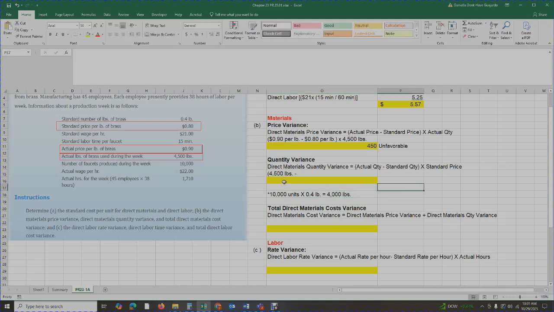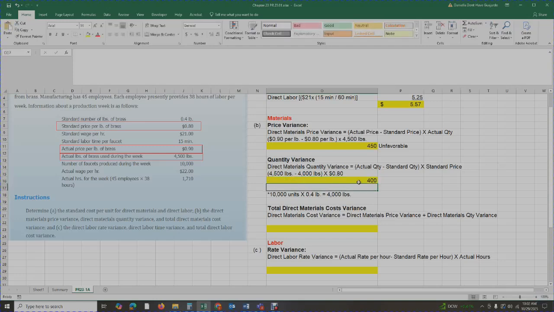So the actual is given at 4,500. The standard we calculated down here at 4,000. So we're going to subtract the 4,000 pounds, and then I am going to multiply it by my standard price, which is 80 cents. So let's do the formula: 4,500 minus 4,000 times 80 cents.